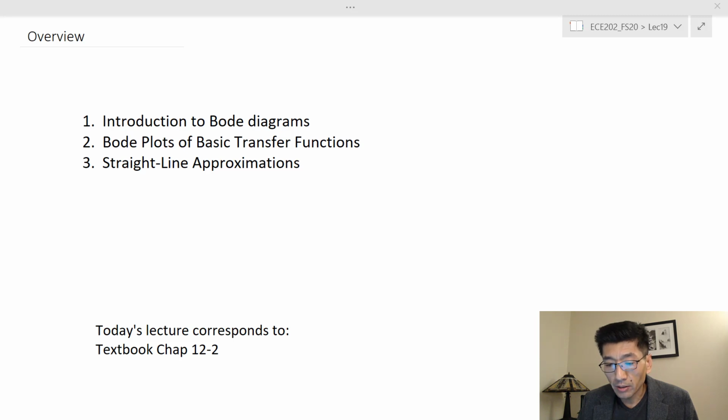The text had very little discussion about this, so I will dedicate one lecture to it. Basically, the goal is to be able to approximate the Bode plots of a transfer function using straight lines. Okay, and let's get started.